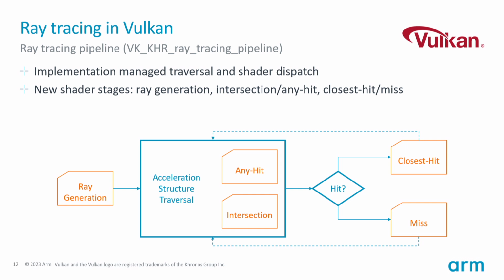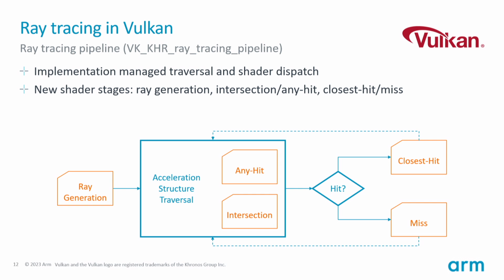As the GPU traverses the acceleration structure, it may call an intersection shader if it intersects user-defined geometry, or an any-hit shader if it intersects transparent geometry, for example. Otherwise, one of two things can happen.